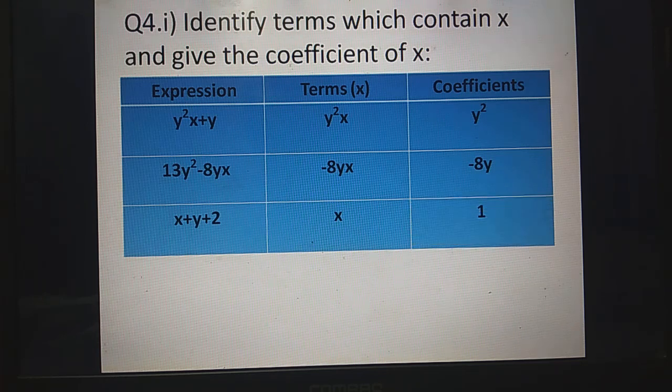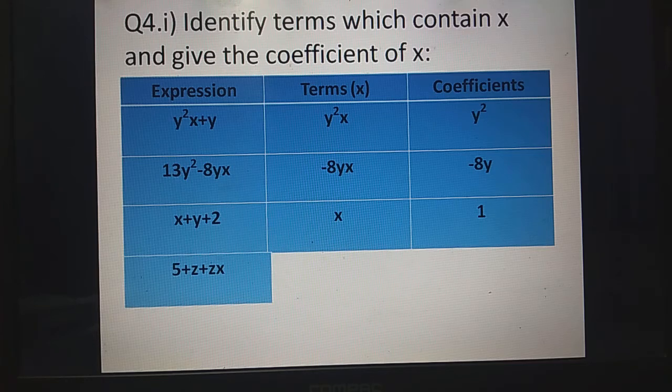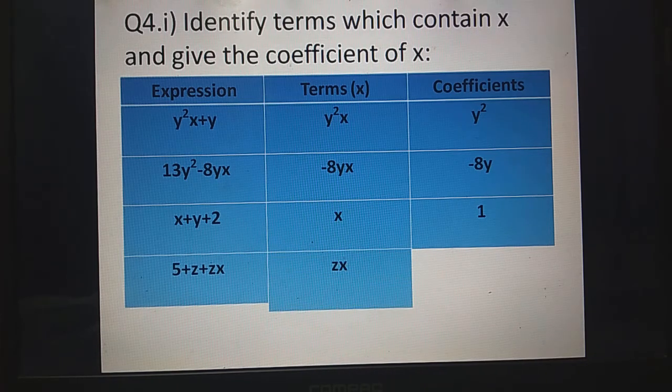Nothing means 1. Next is 5 plus z plus zx. Again, there are three terms, but only one term is having x, that is zx. And except x, whatever is present in this term is treated as coefficient, that is z.